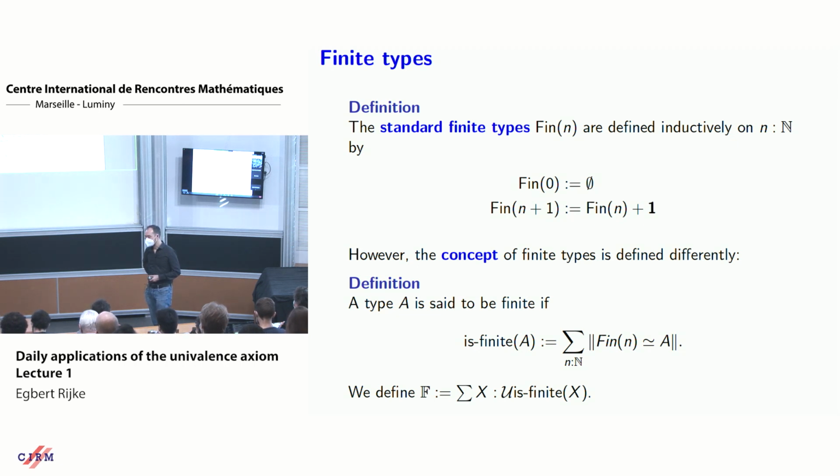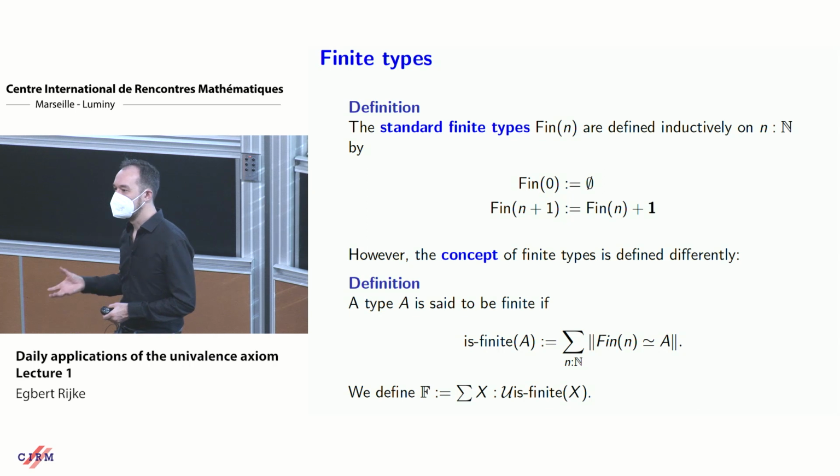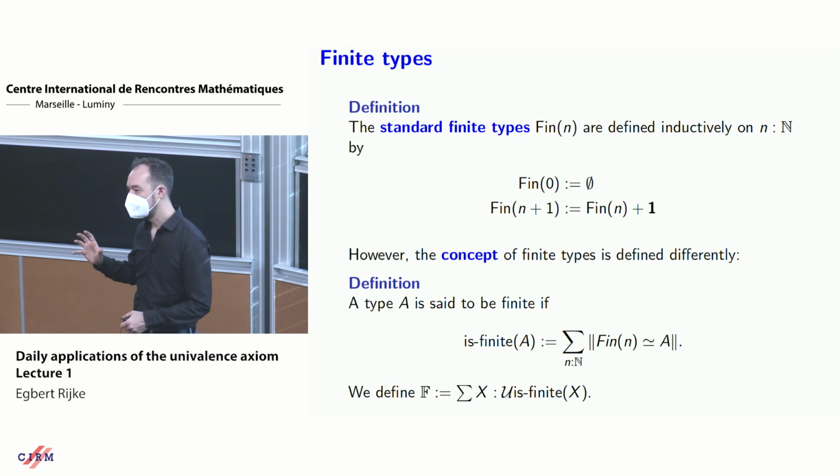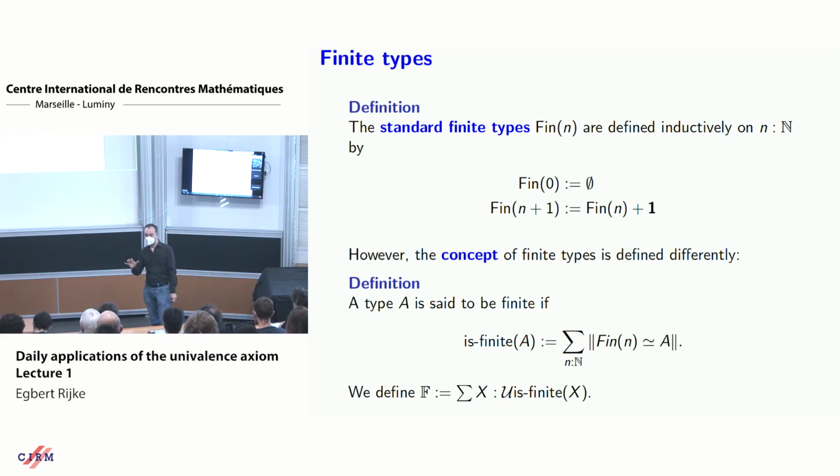It's kind of a new approach, but when we say that a type is finite or a set is finite, usually we don't mean that there is a given bijection to a standard finite type, because that would also equip your finite type with an order, and usually when we say that a type is finite, that ordering that you would get from the equivalence shouldn't be part of the structure. So the equivalence to a standard finite type shouldn't be part of the structure if you say what it means for a type to be finite, and that's why.